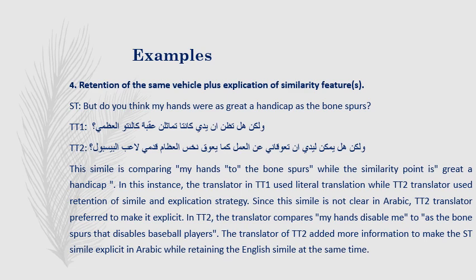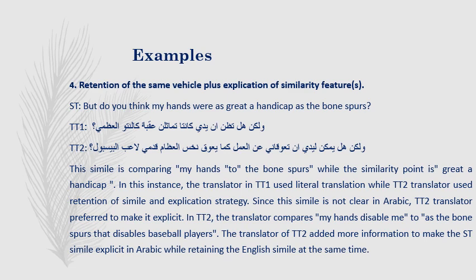In this instance, the translator in the first translation used literal translation, while the second translator used retention of simile and explication strategy. Since this simile is not clear in Arabic, the second translator preferred to make it explicit.